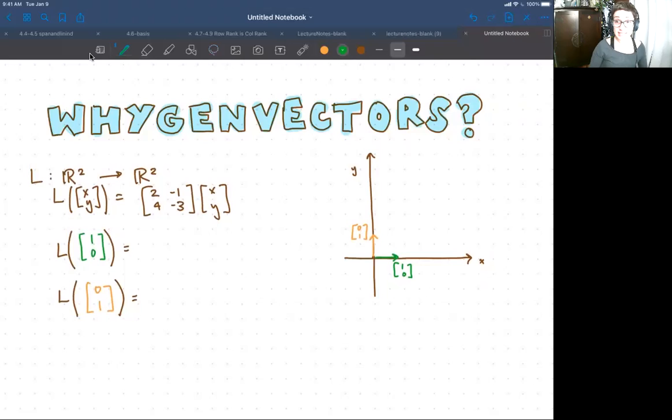If I plug in (1, 0), that's going to give me just the first column of that matrix back. So the vector (1, 0) gets transformed to the vector (2, 4). I will attempt to draw that vector here. There's (1, 0), and it gets transformed to (2, 4), something like this, which is quite a bit different.